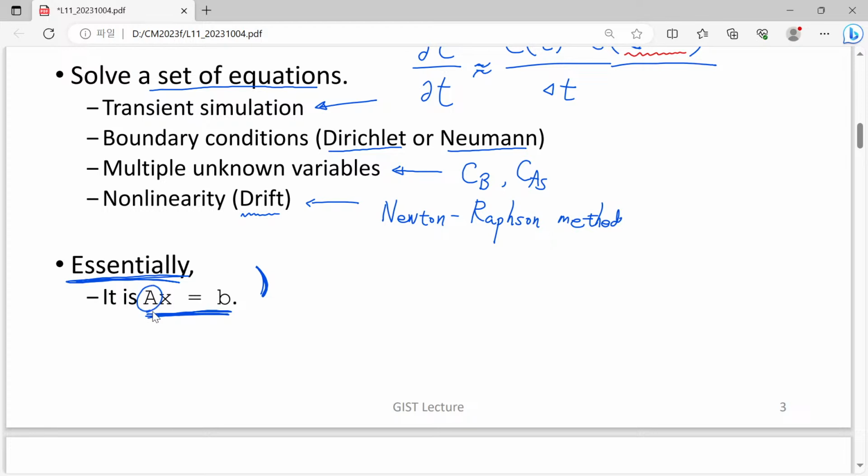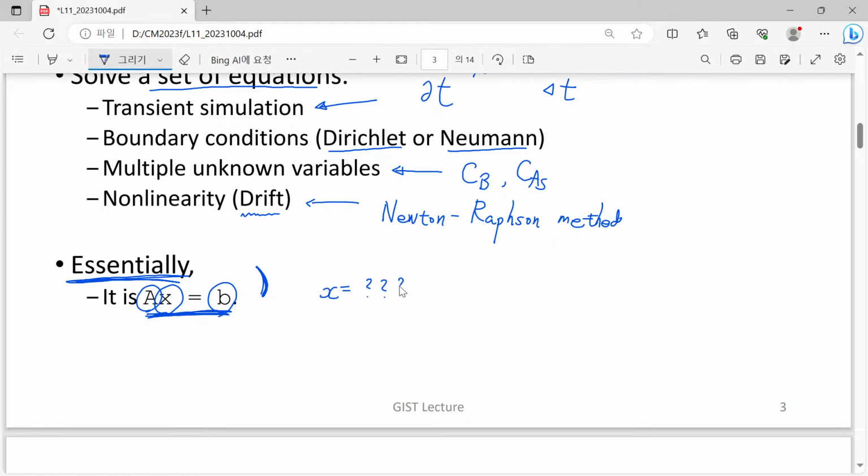Here A is a matrix, x is an unknown vector, and b is a given vector. So what is x? That is our ultimate goal. If we can do it quickly, then we can get the final solution quickly. If it takes a prohibitively long time to calculate x, then practically we cannot solve that problem.